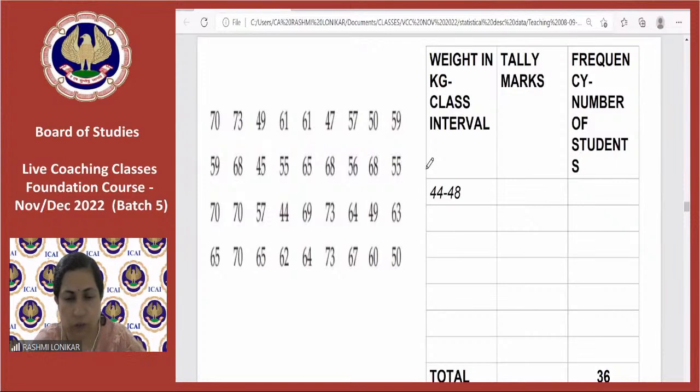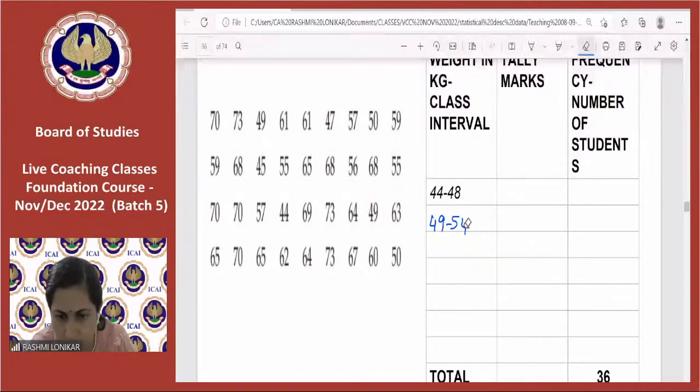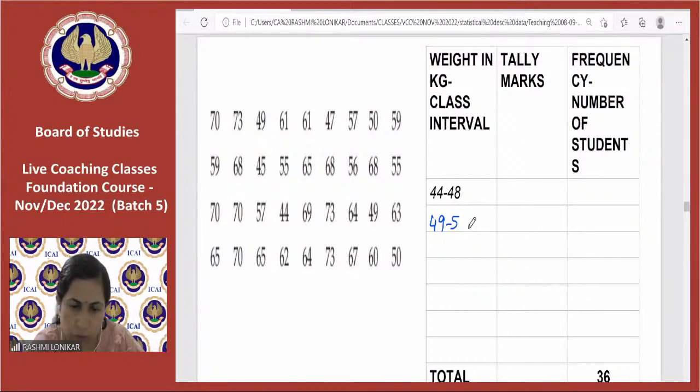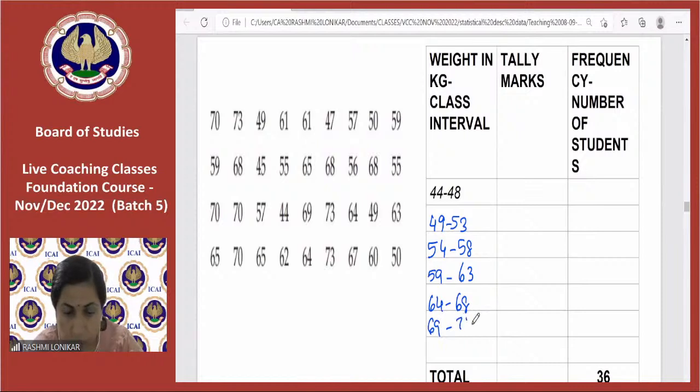So the first class interval is 44 to 48, then 49 to 53, 54 to 58, 59 to 63, 64 to 68, 69 to 73.